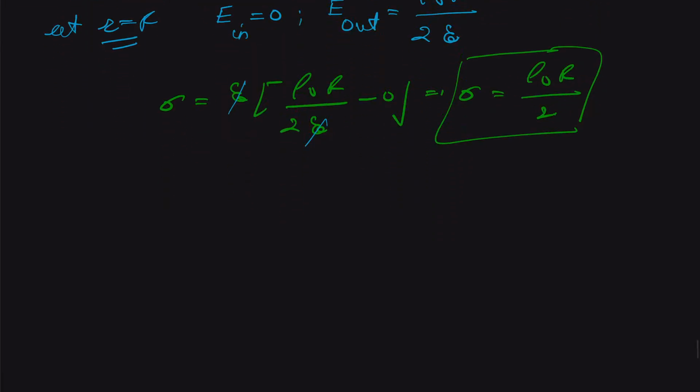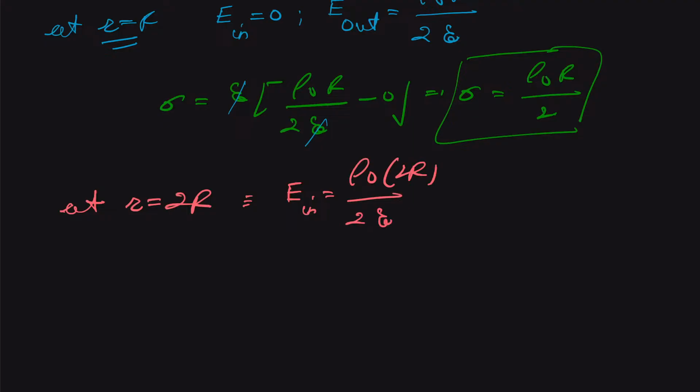And the second discontinuity, we check at the point r is equal to twice R, and we are given that electric field in is rho naught 2R upon 2 epsilon naught, which comes as rho naught R upon epsilon naught, the 2 goes away, and electric field out is equal to 0.